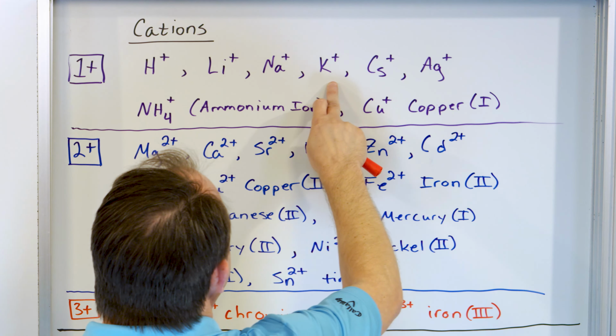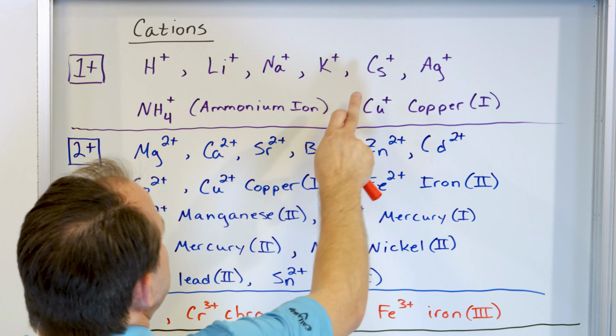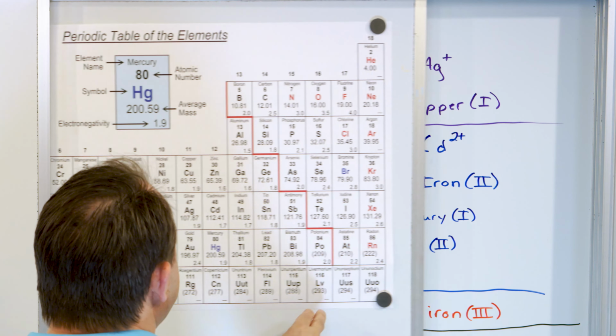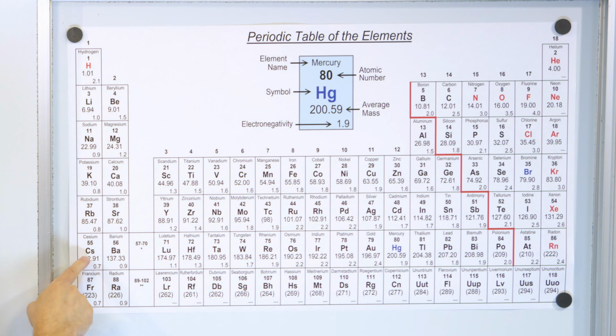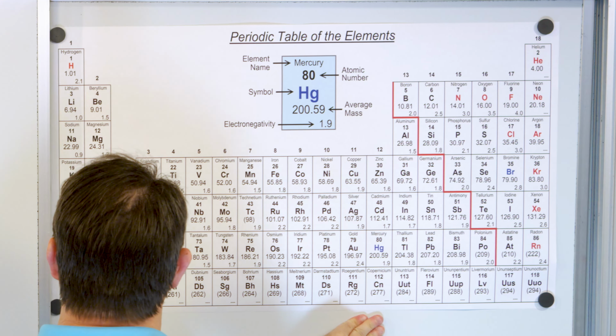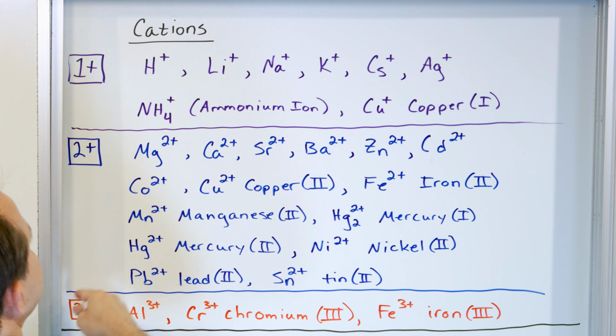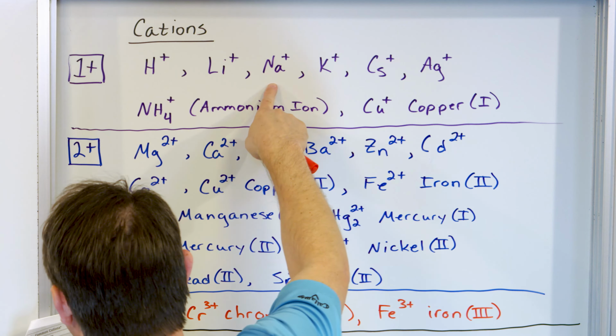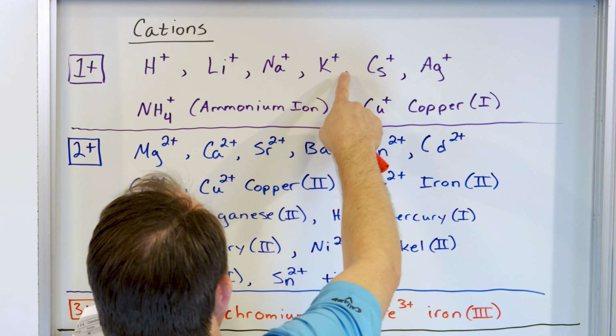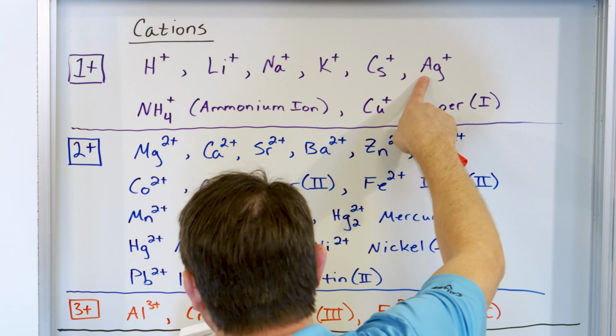So these things we would have already predicted just by looking at the table. Cesium, where is that at? CS is cesium. Cesium again is here. We can predict from the periodic table, it's going to lose one electron, so it's going to have a positive charge. So this is basically called a lithium ion, a sodium ion, a potassium ion, a cesium ion.